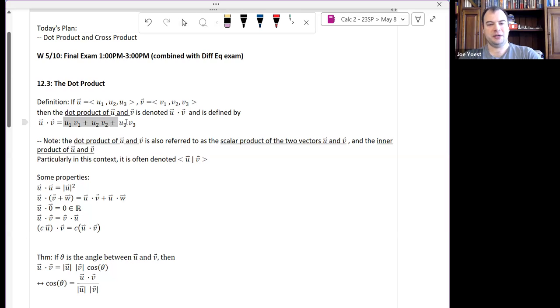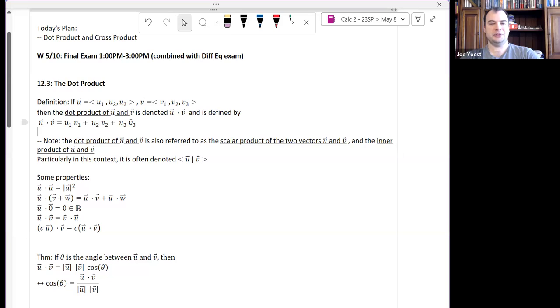This is well defined because the components of vectors are real numbers. So when we say multiply here, we're just multiplying two numbers together, u1 times v1, which is number times number. So there's no ambiguity about what we mean by multiplying u1 times v1. That's just standard multiplication, and same with addition.